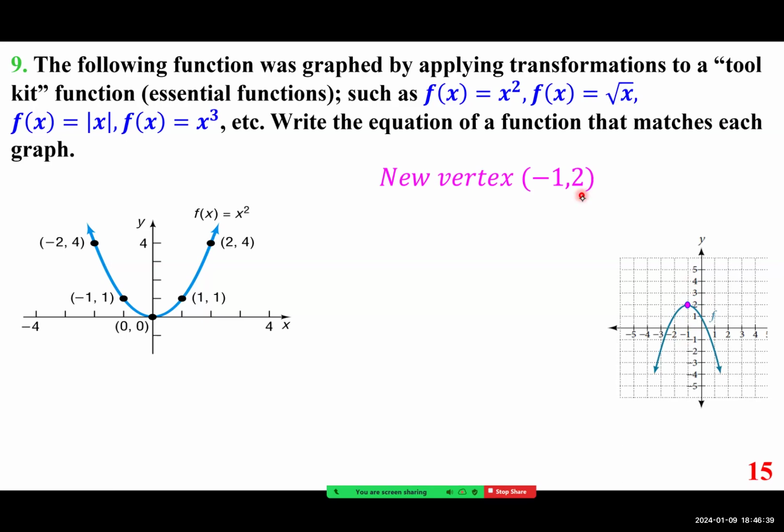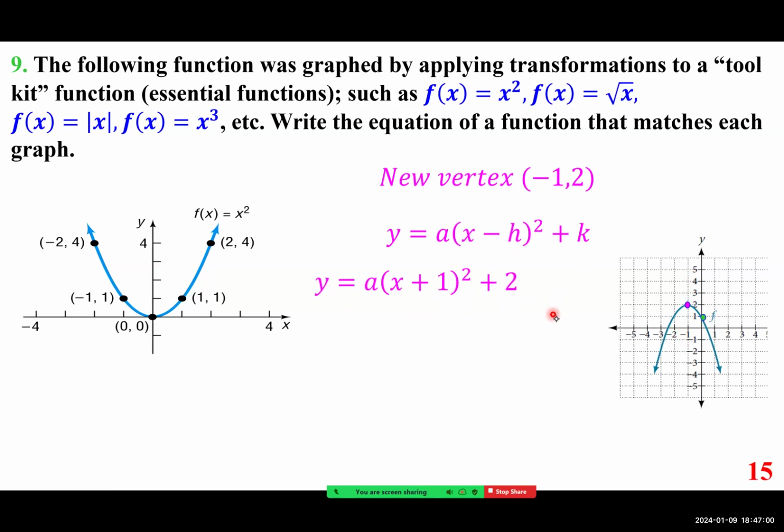And as you recall, it's y equals a times x minus h quantity squared plus k. We are going to replace the h with -1, which makes this +1, and k is 2. So this is the formula, and what is missing is a.